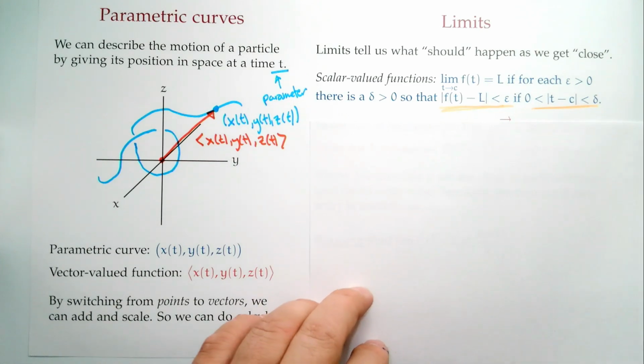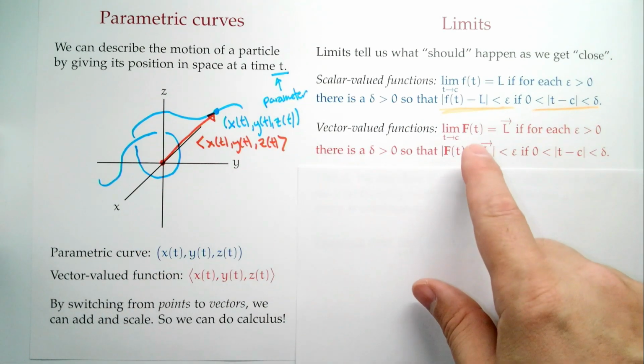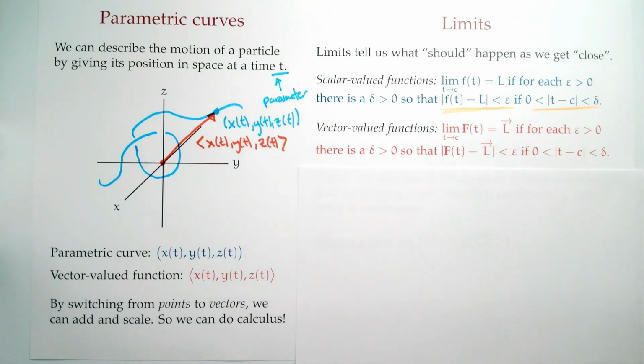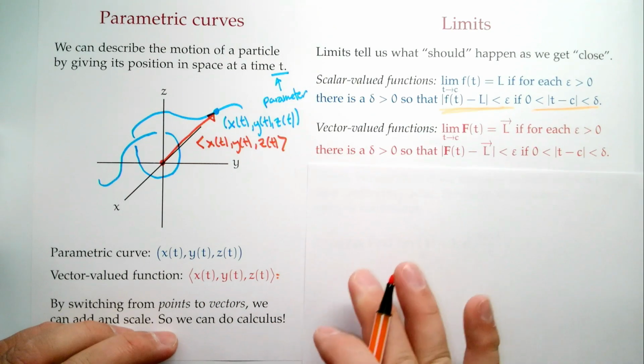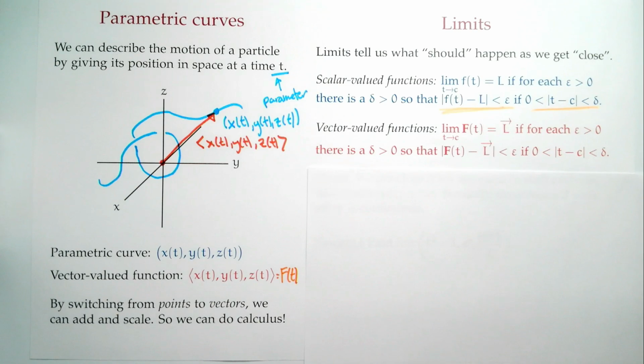Now, what happens with vector-valued functions? Well, the answer is it does the same thing. See, we have this function called capital F of t. So what do I mean here? This right here, we'll call capital F of t. It's a function where our input is time, our output is a vector. And what do we want?